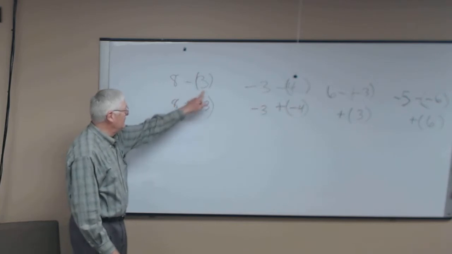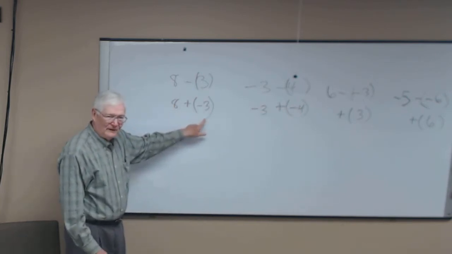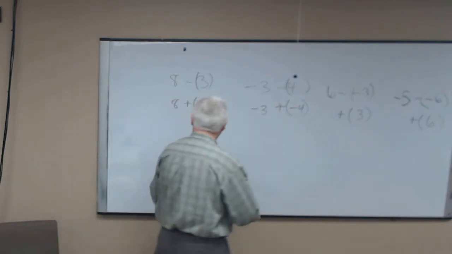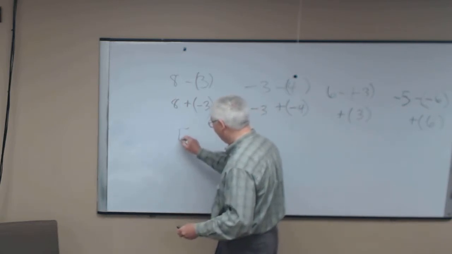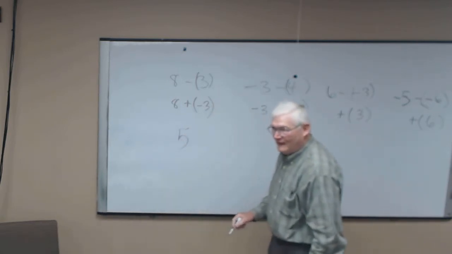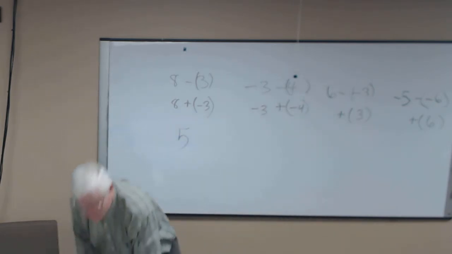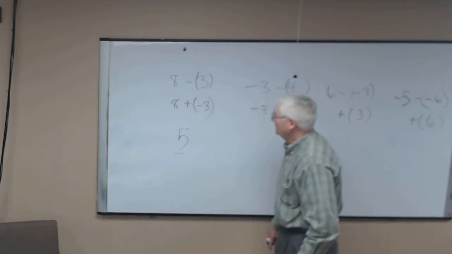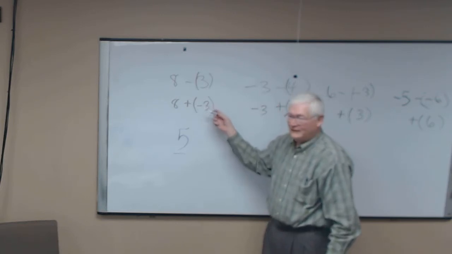So 8 minus 3 is the same as 8 plus -3. You go, well, that's so cumbersome because it's obvious that 8 minus 3 is 5, right? And that's the next thing it says. And then after you've done the translation, then it says find the answer. So there's the answer. So you say, well, 8 minus 3 is just 5. Why am I doing this?